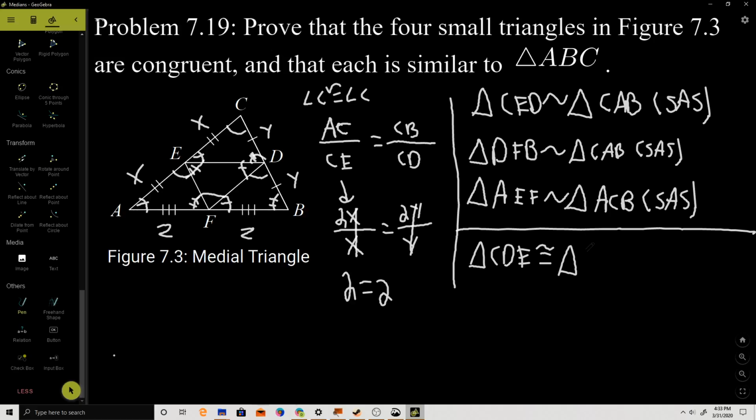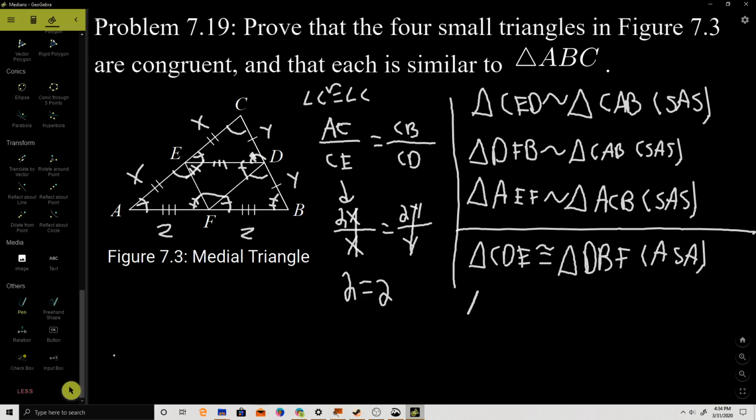So we have DBF. So I know those two are the same, which means that this side FB is going to match with ED, so that has the 3 tick marks.